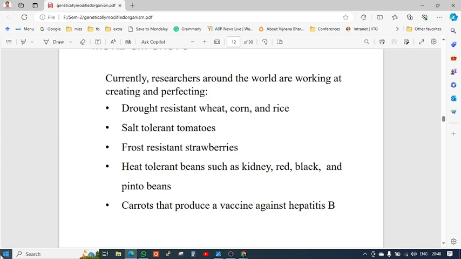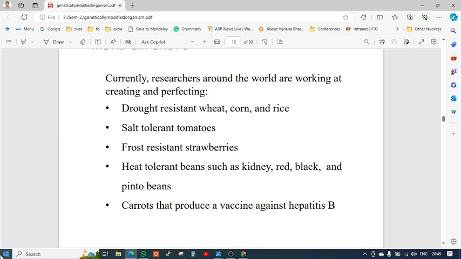Frost resistant strawberries: strawberries are grown in cold climates, but not in extreme cold, so different varieties are being developed. Heat tolerant beans, such as kidney, red, black, and pinto beans. Different varieties of beans are developed.